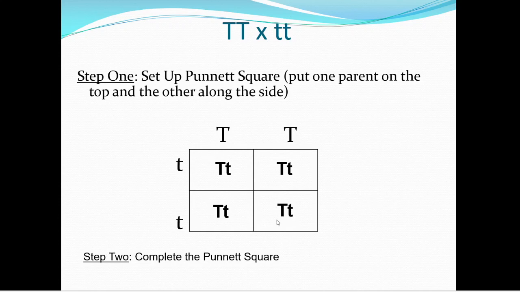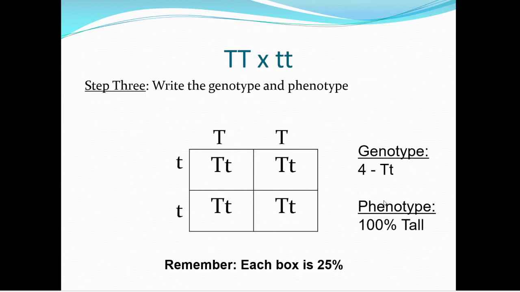Now notice, because we have 2 different genotypes in the parents, and one is tall and this is short, we're going to have the same genotype for all of the offspring. So they're all going to have the same genotype, and they're all going to have the same phenotype. And remember, each box is worth 25%.